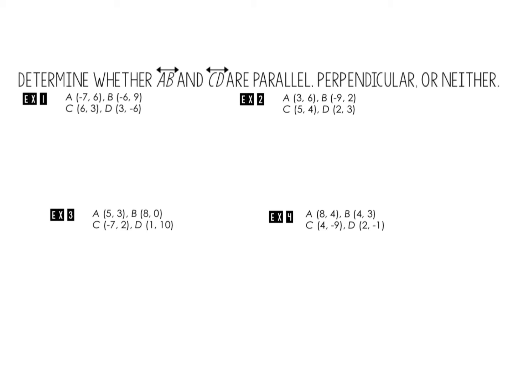Let's do some examples. It says determine whether AB and CD are parallel, perpendicular, or neither. So the first thing we want to do is find the slope of AB. Using the slope formula, we will just plug in. Remember, the slope formula is y2 minus y1 over x2 minus x1.